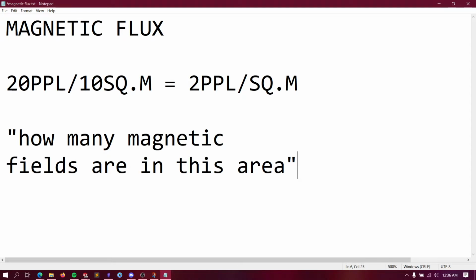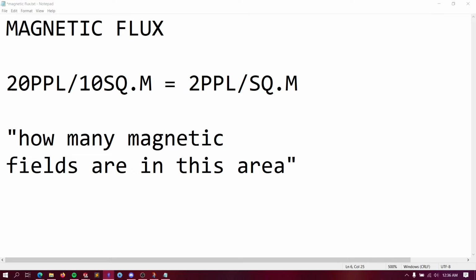Now, the area can be any shape, but generally speaking, and I believe for high school physics, it's just going to be a regular plane, a square or a rectangle, which is length times width, or it might be a loop, so it would be the area of that loop. So that is the flux, and the unit of the flux is the Weber, Wb.